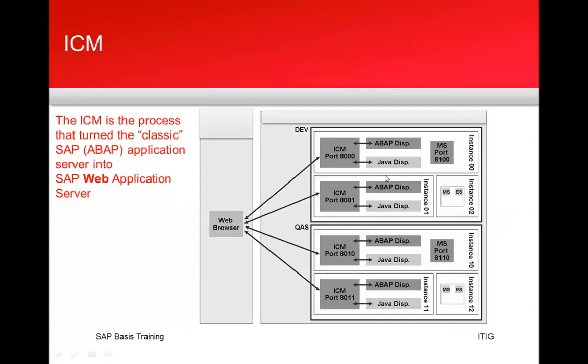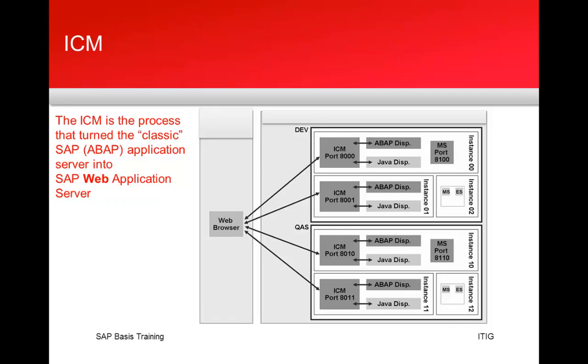Here in this slide it is showing how external users using a web browser are connecting to ICM. This ICM in turn is connecting to the ABAP dispatcher or the Java dispatcher, which connects through the processes.